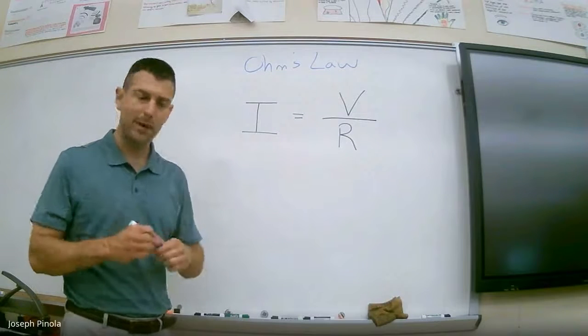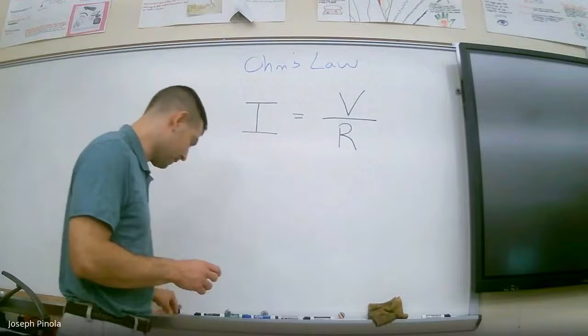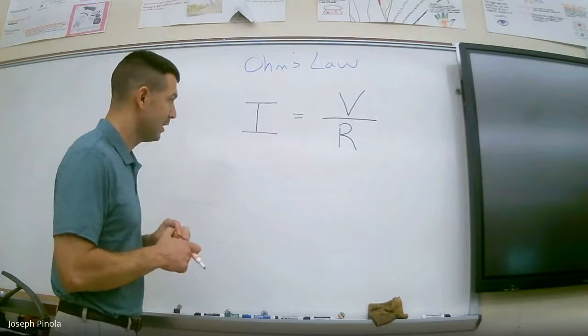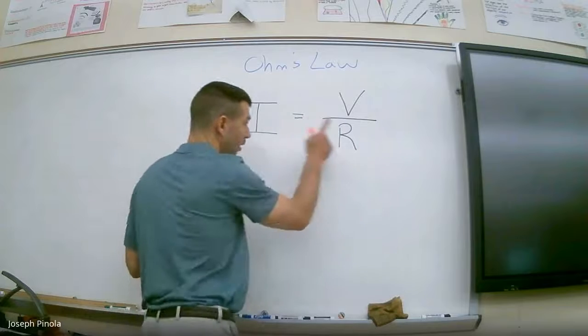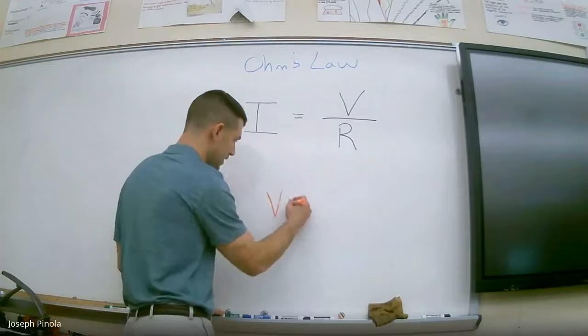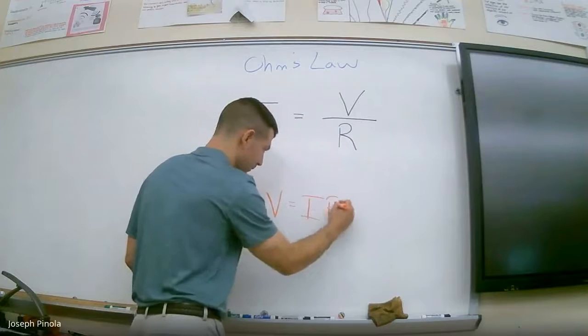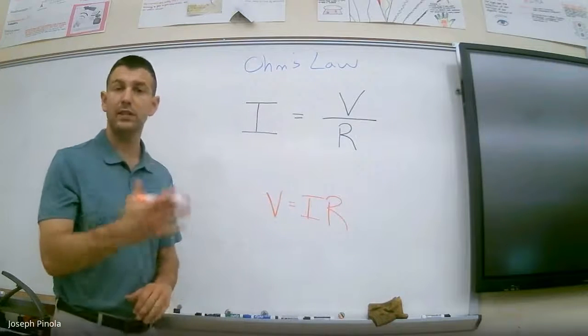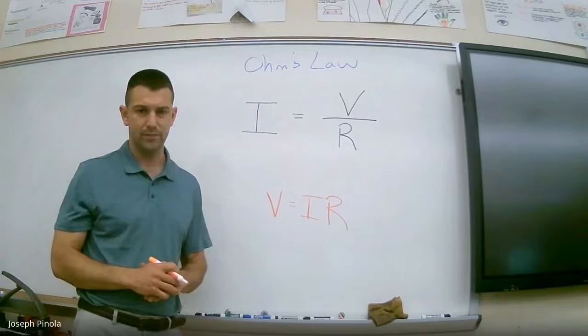Now, some people learn about Ohm's law in a different form. In fact, some scientists like to multiply both sides by R, and therefore express Ohm's law as V equals I times R. You might see this on your equation sheet.